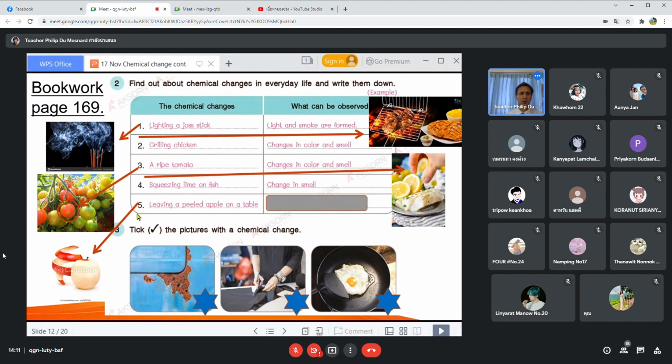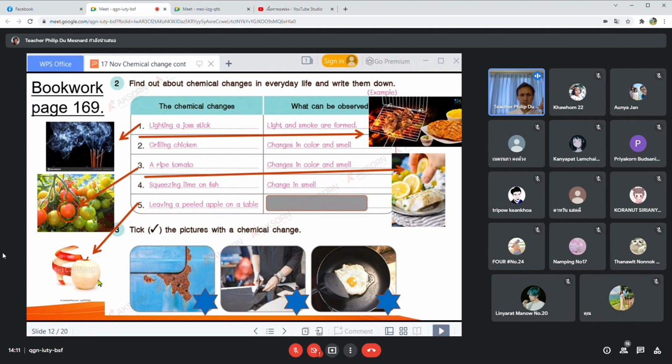Anyway, last one, leaving the apple on the table. Now this is a good example. Do you see the color of the apple? It's like a light brown, almost white. If you leave it on the table, will it change? What do you think? Same color. Okay, you think same color. I think the apple is going to be more brown.